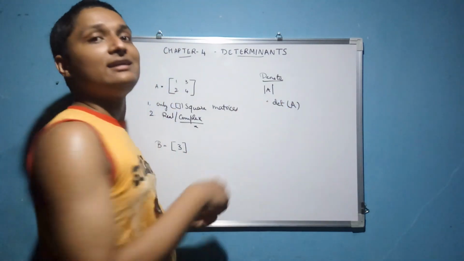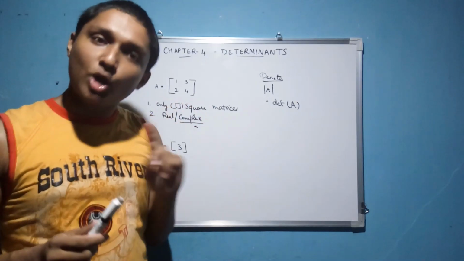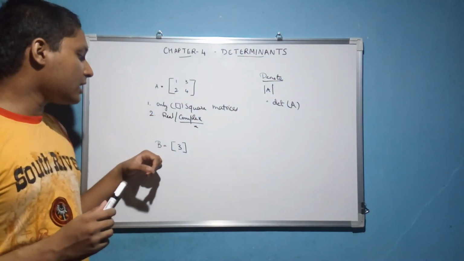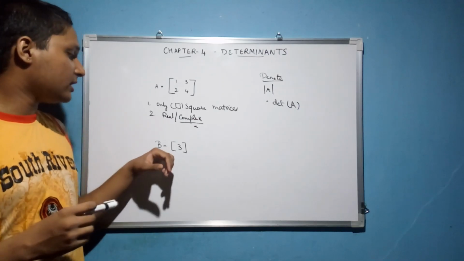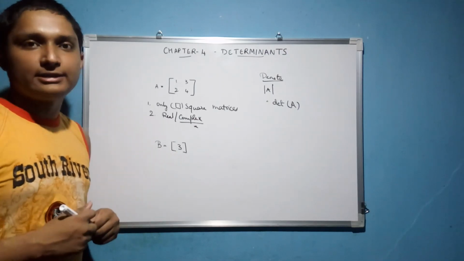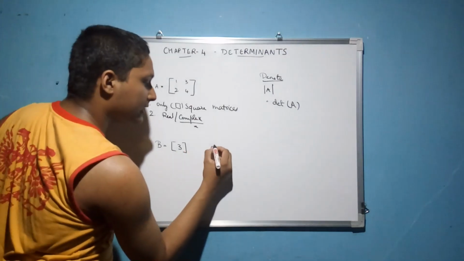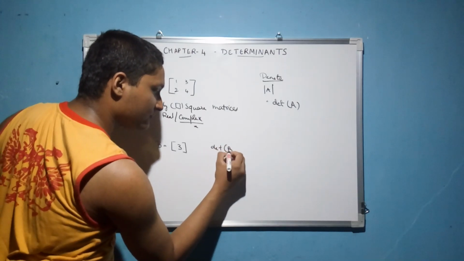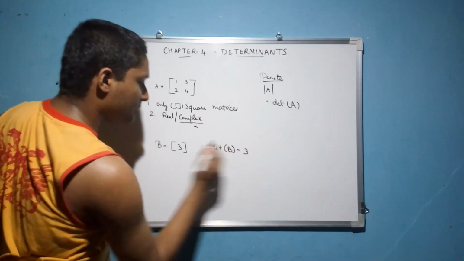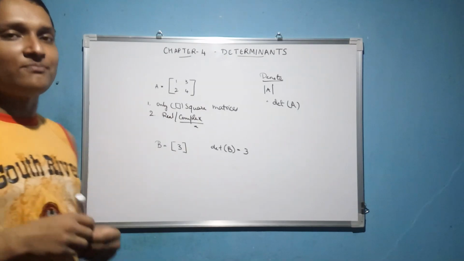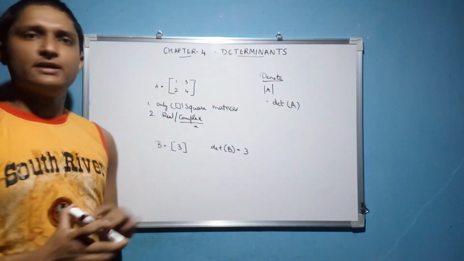So we are going to read it as det A, not modulus of A. Here you have B having an element, that is 3. If I need to find the determinant of this B, it is going to be only this value. That is very easy.